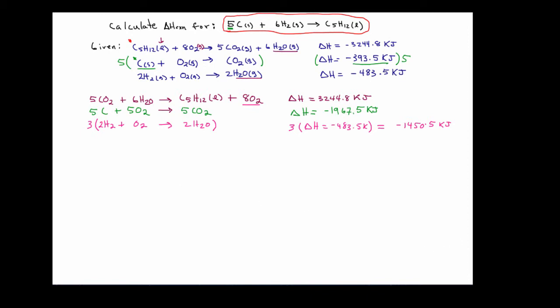All right, now I'm going to rewrite all this one more time so that it's abundantly clear what we have to cancel. So we're going to have 5 CO2 plus 6 H2O on the top reaction going to C5H12 plus 8 O2s. And one other piece of advice, I try to put all my arrows literally one over the top.